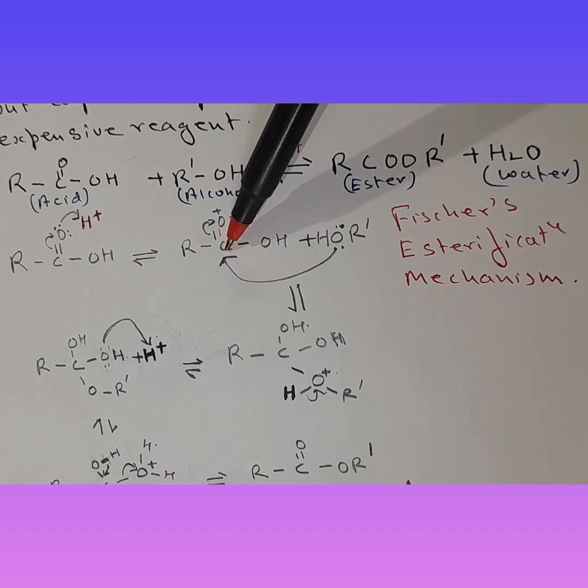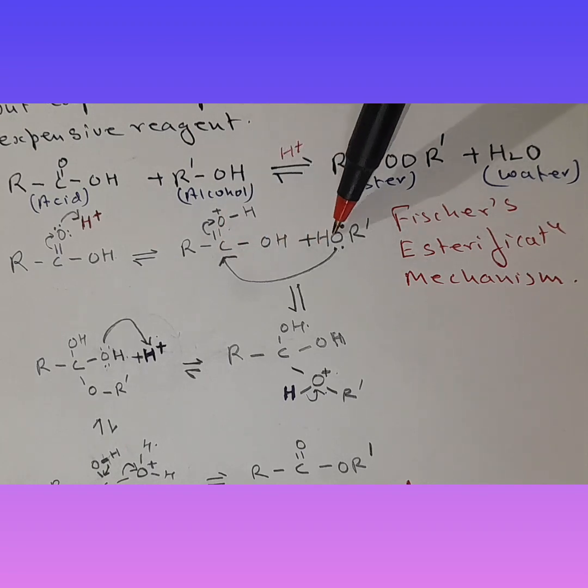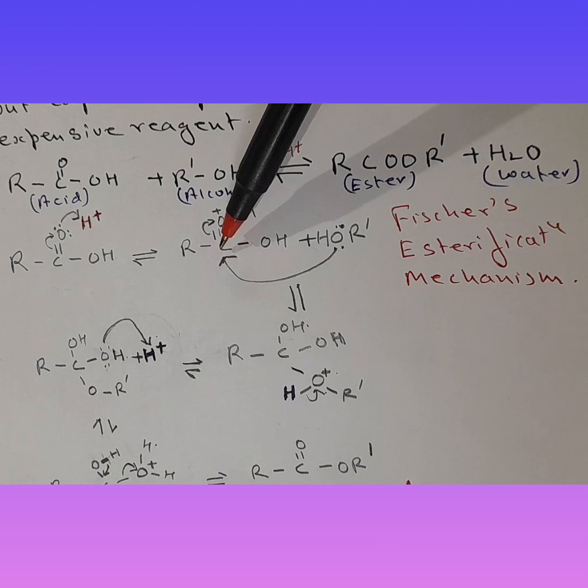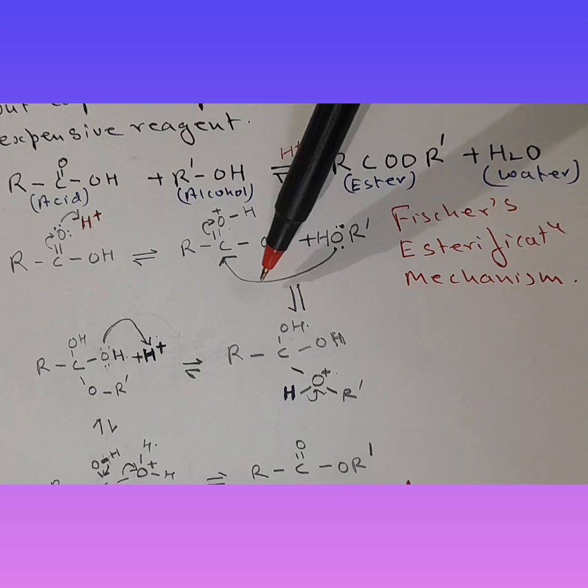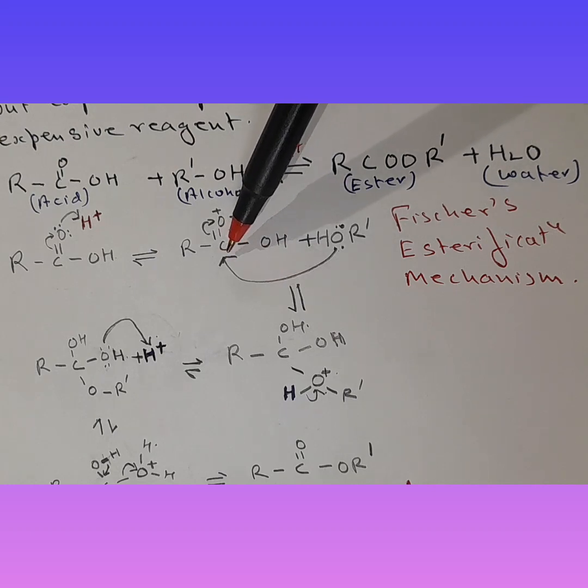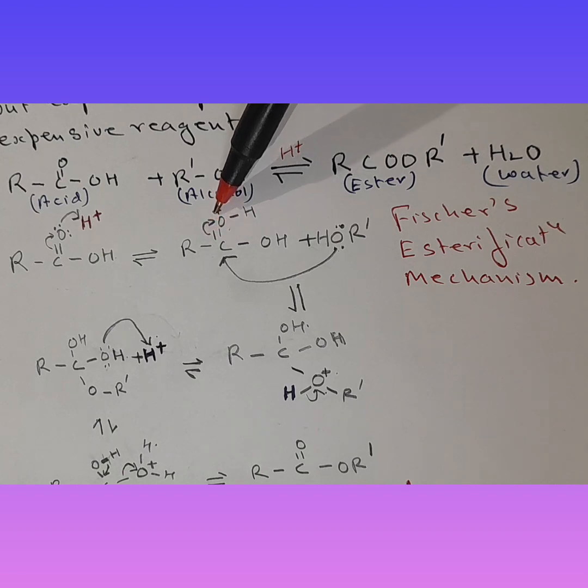So as it becomes a cation, it becomes one of the best opportunities for alcohol to do nucleophilic attack on the carbocation. Alright, why? Because as mentioned, oxygen has got two lone pairs, so it's one of the best nucleophiles, so it does attack on carbon, which gets positive charge owing to shifting of the pi bond onto oxygen.